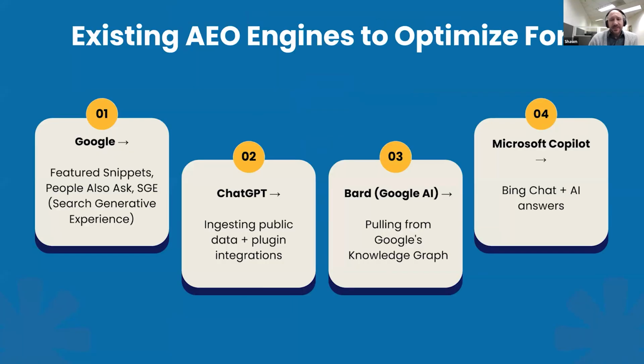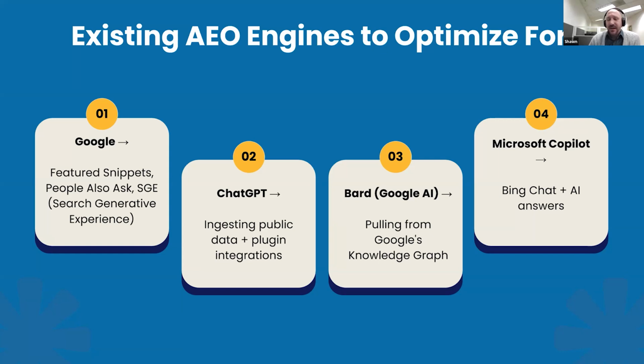So the existing AEO engines to optimize for, these are the common main players. We have Google, which looks at snippets, People Also Ask, and SGE, Search Generative Experience. GPT is another one, which ingests public data, plugins, and integrations. Bard, the Google AI, pulls from Google's knowledge graph.